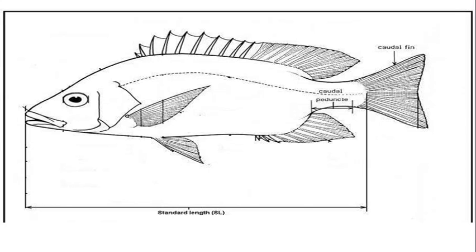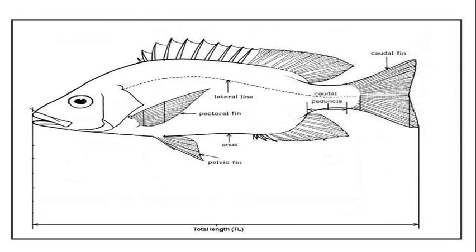Then the second part of the body length which we diagnose, जिसको हम पता करते हैं, that is total length. The total length is the straight line measurement taken from tip of snout to the end of caudal fin.